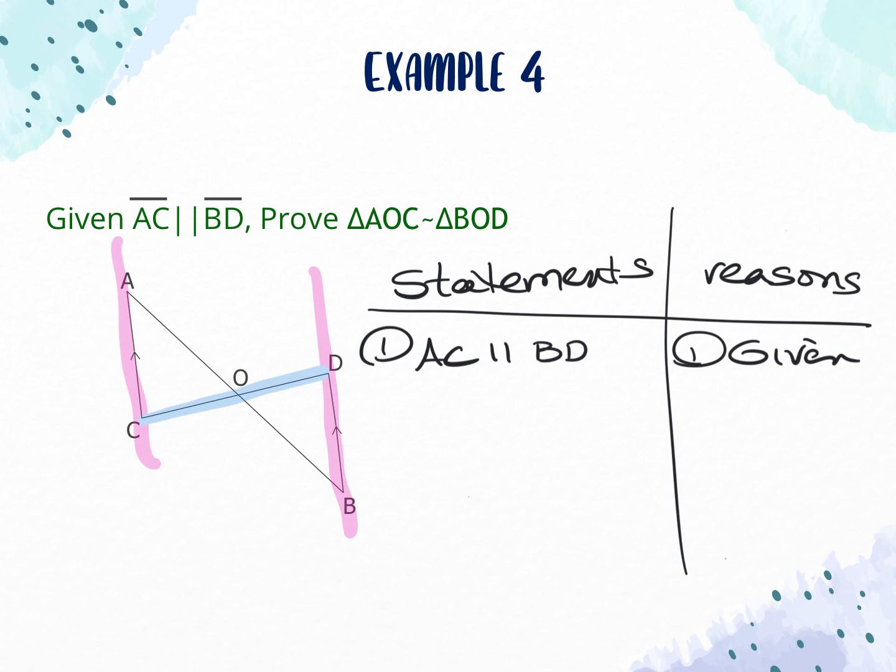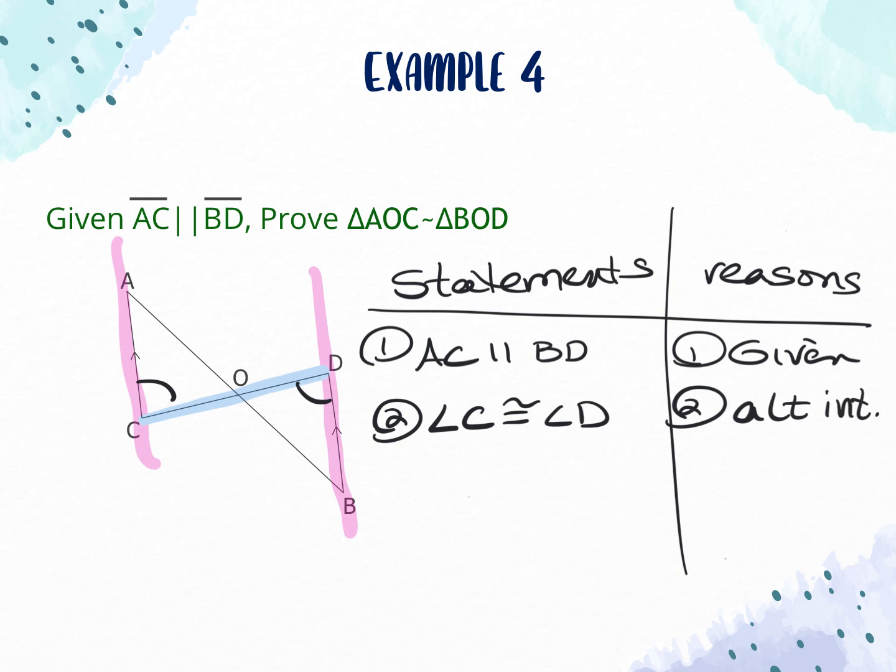So this angle C here is congruent to angle D because these are alternate interior angles. So that could be my next statement, that angle C is congruent to angle D because of the alternate interior angles theorem.